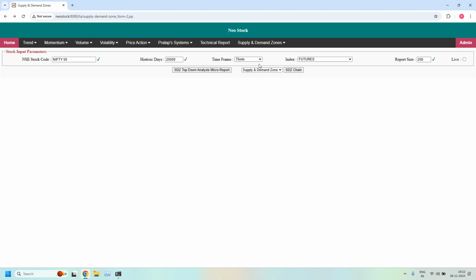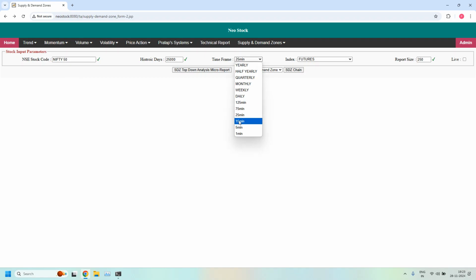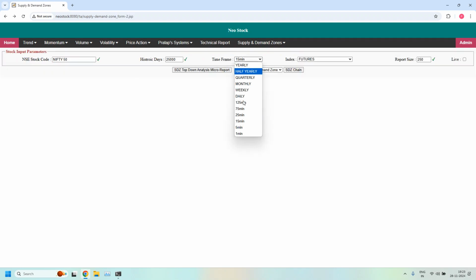Okay, next 25 minutes supply demand zone chain for Nifty. Okay, next 15 minutes supply demand zone chain for Nifty. Next 5 minutes supply demand zone chain for Nifty.